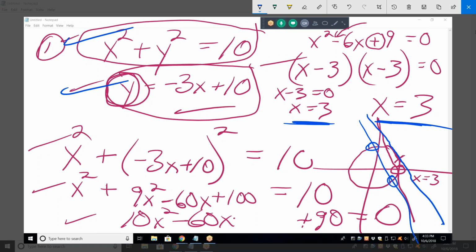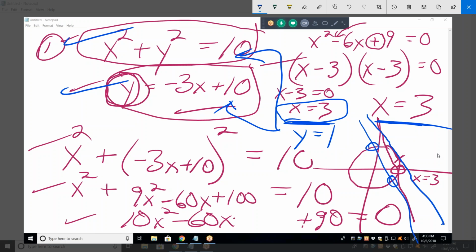So when you come up with precisely one solution, when you're dealing with a straight line and a circle, that means the line is tangent to the circle. Now, if x is 3, y has to be 1. So y equals 1, and that satisfies both that equation and this equation.